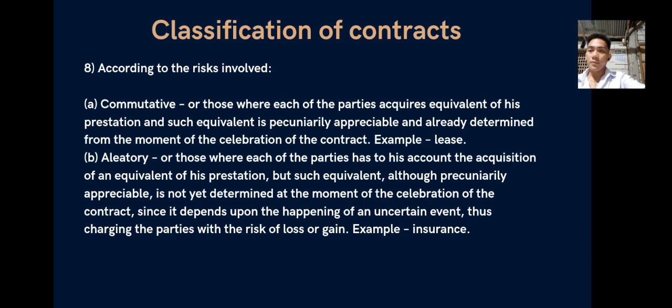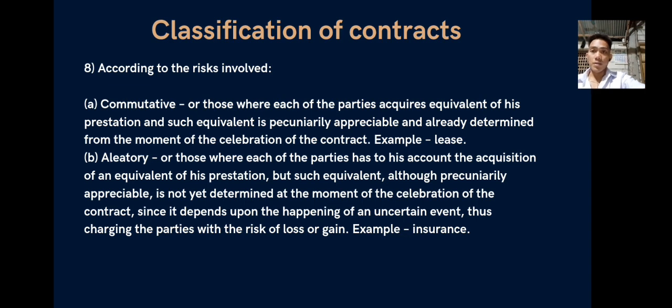Aleatory, or those where each of the parties has to his account the acquisition of an equivalent of his prestation, but such equivalent, although pecuniarily appreciable, is not yet determined at the moment of the celebration of the contract, since it depends upon the happening of an uncertain event, thus charging the parties with the risk of loss or gain.